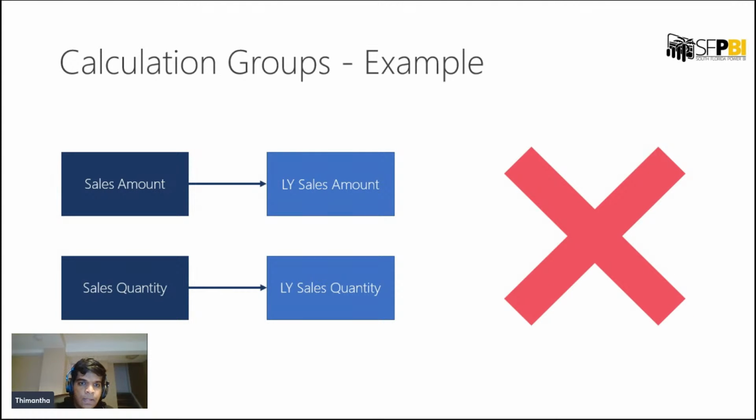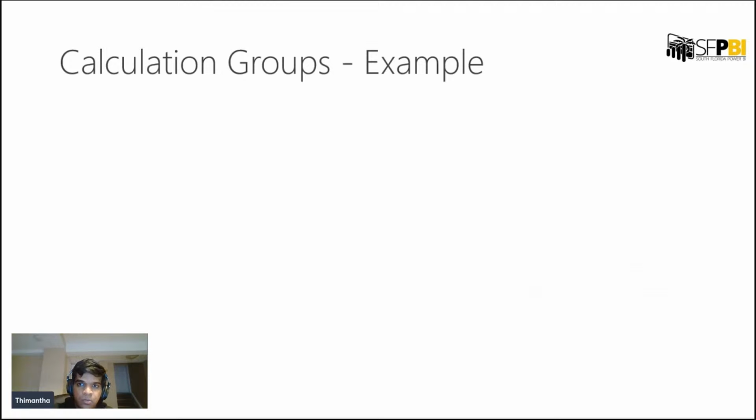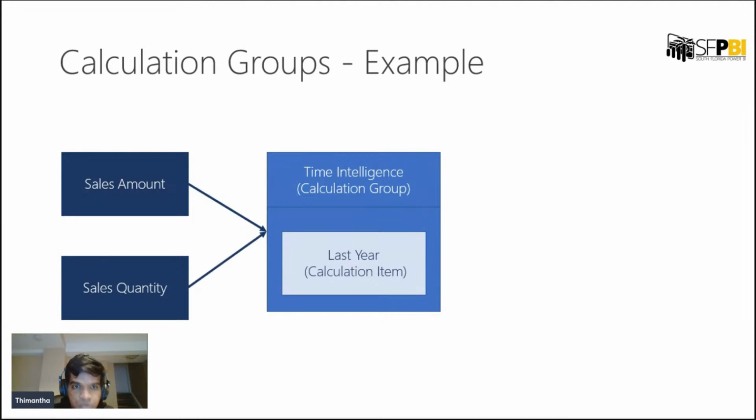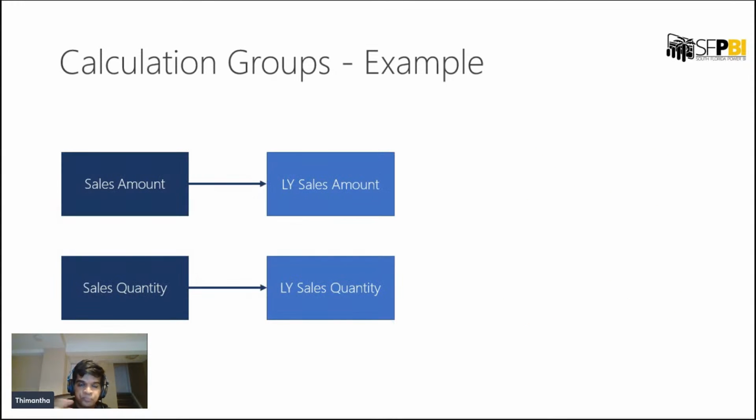You can do this with a single calculation group with a calculation item called last year, which holds the repeating last year logic. If I get back to the previous slide, you have the last year sales amount and the last year sales quantity. There is a repetition of logic here for two separate measures.